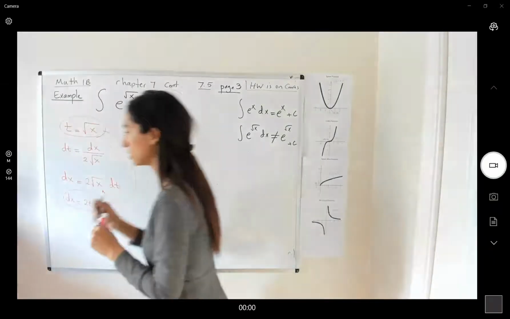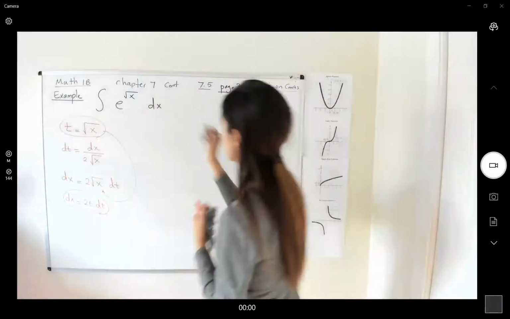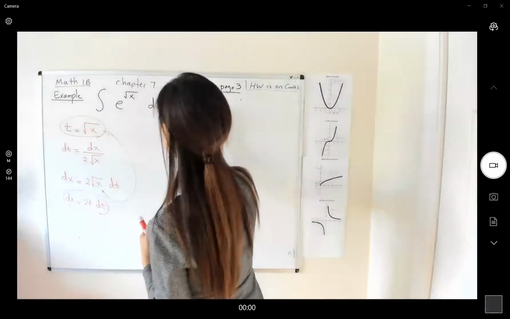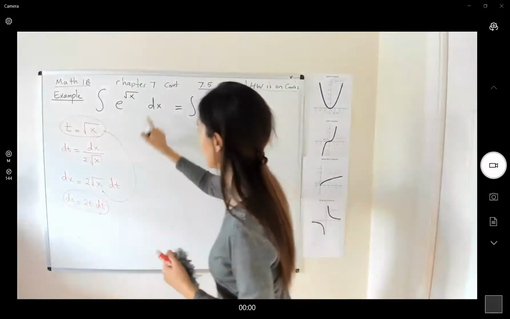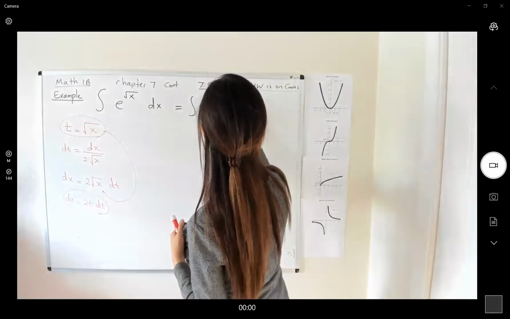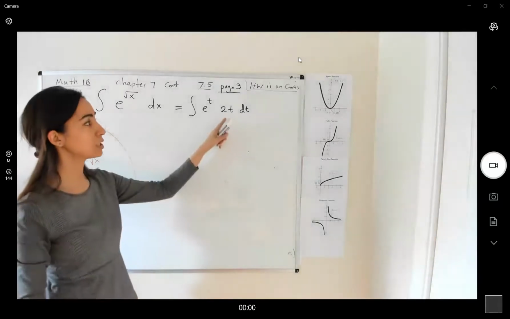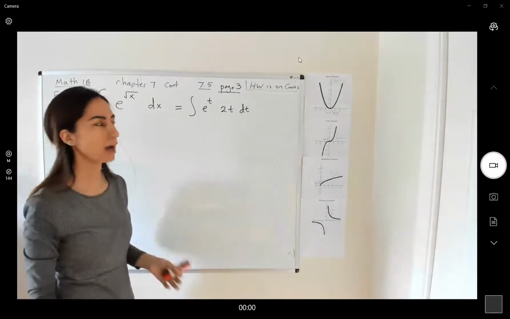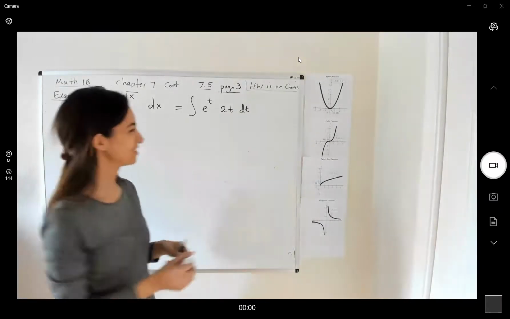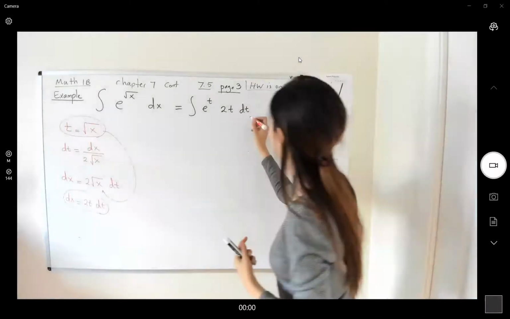So your integral is equal to the integral of e to t, and instead of dx, I have 2t dt. Okay, here you have e to t, 2t dt. How do we take this integral? We're going to apply integration by parts.